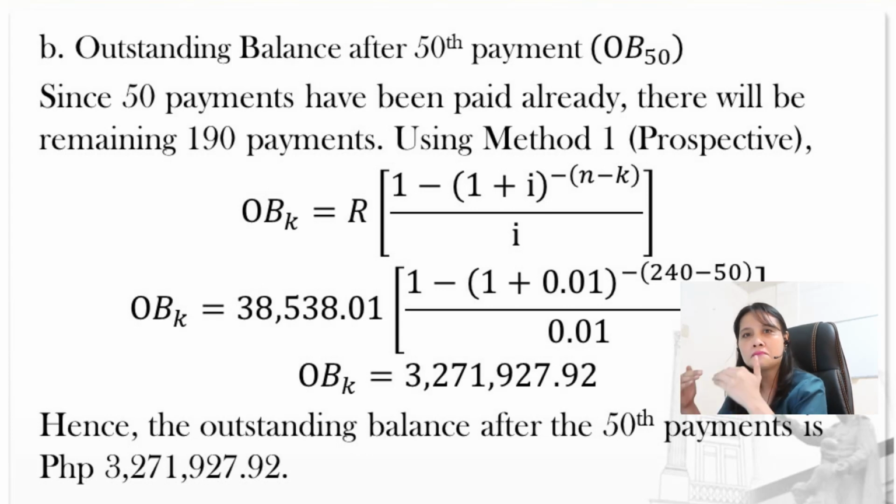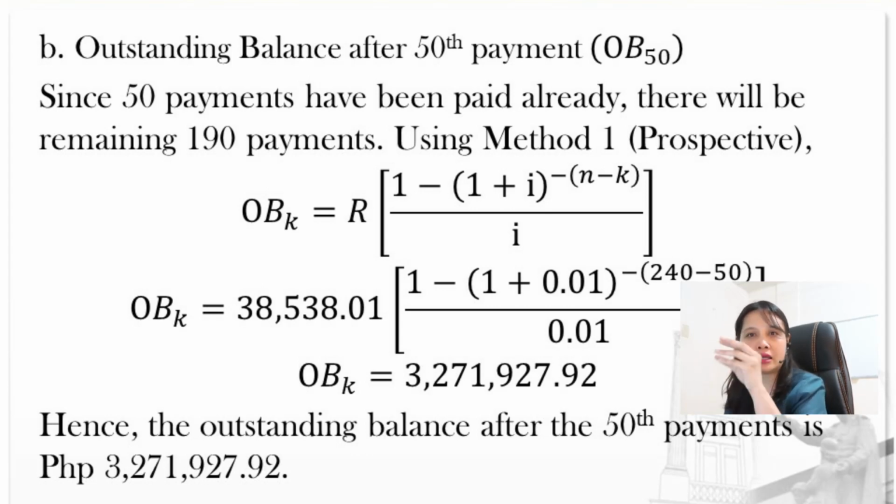What about outstanding balance? Okay? Yung remaining payment, yung unpaid payment. Okay? So since 50 payments have been paid already, there will be remaining 190 payments. How do you get 190 payments? Saan nakuha yun? Diba you do have 240 number of payments. So 240 minus 50, so that would be 190 payments. Okay?